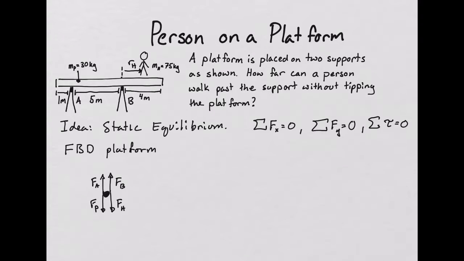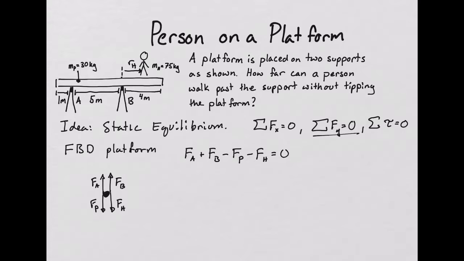As I try to write out the components, I see that there's no x components, and so I can ignore that equation. Looking at the y components, then I will write out positive FA plus FB minus FP minus FH is equal to 0.